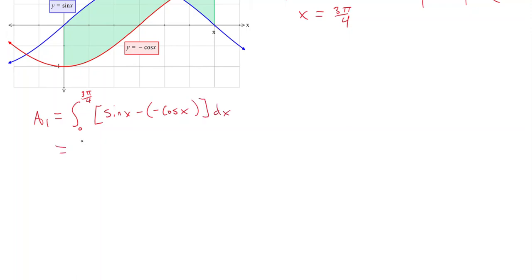That is the same thing as the integral from 0 to 3 pi over 4 of sin x plus cos x.